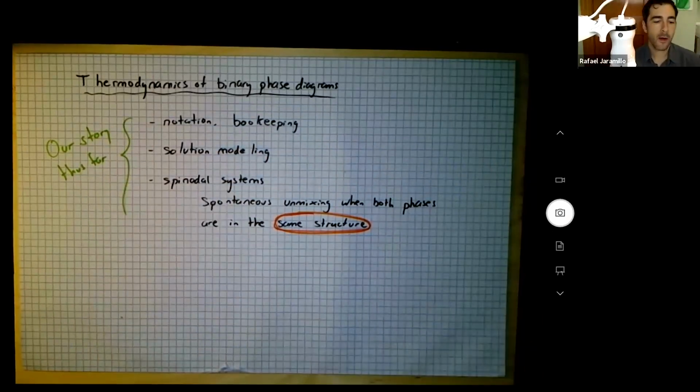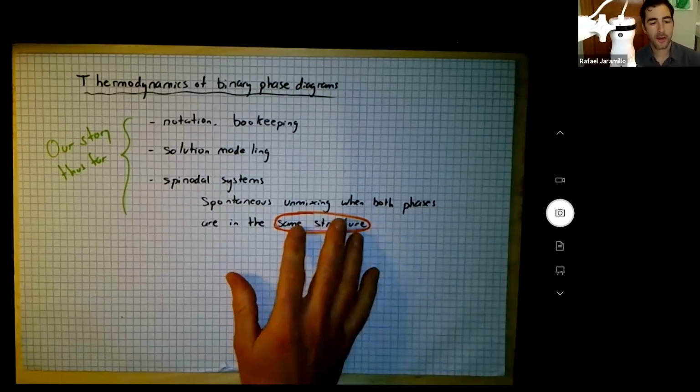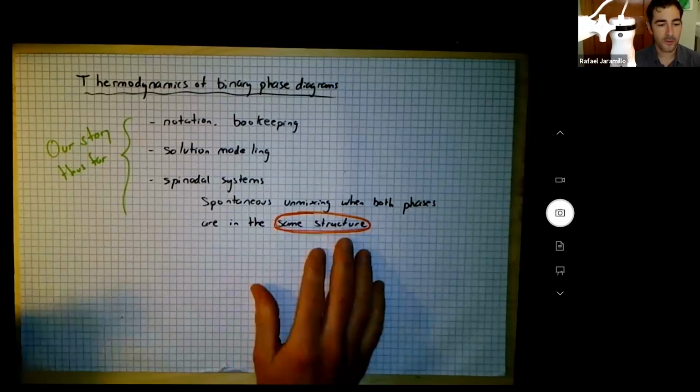And what we're going to do now is generalize this to analyze what happens when you have phase separation between two phases that have different structures.